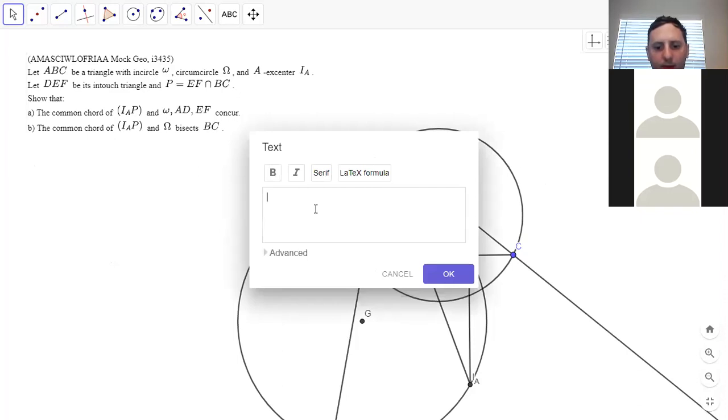So, okay, let H be the midpoint of EF. And let J be the perpendicular from IA to BC.